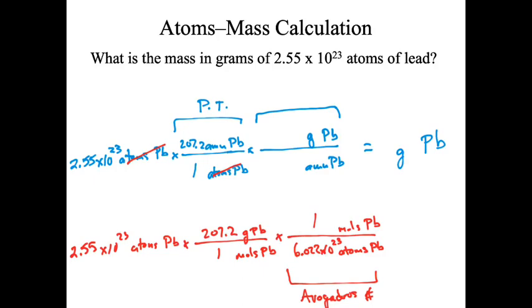Somebody with a calculator, take 1 divided by 6.022 times 10 to the 23rd. What is 1 divided by 6.022 times 10 to the 23rd? 1.661 times 10 to the negative 24th grams is 1 AMU. Avogadro's number was invented literally to cancel out the gram to AMU conversion. They're inverses of each other.